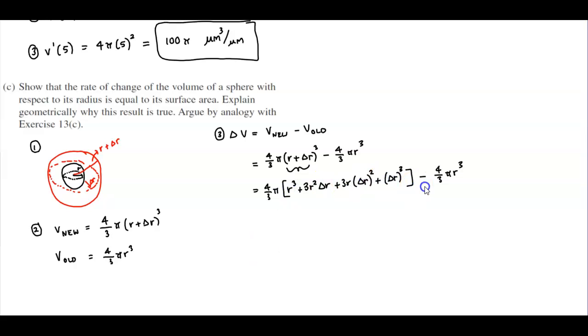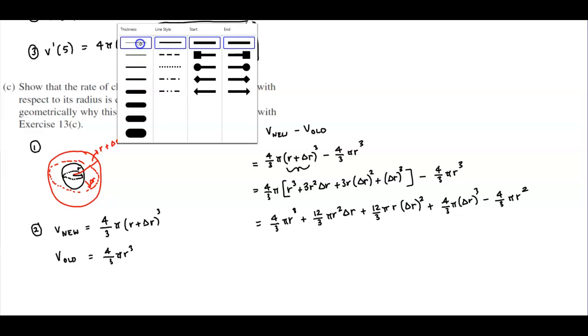Okay, now if we distribute this and combine like terms, we get 4/3 pi R cubed plus 12/3 pi R squared times the change in R plus 12/3 pi R times the change in R squared plus 4/3 pi times the change in R cubed minus 4/3 pi R cubed.